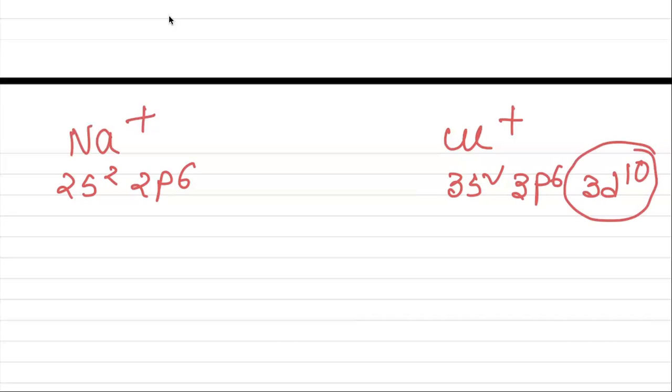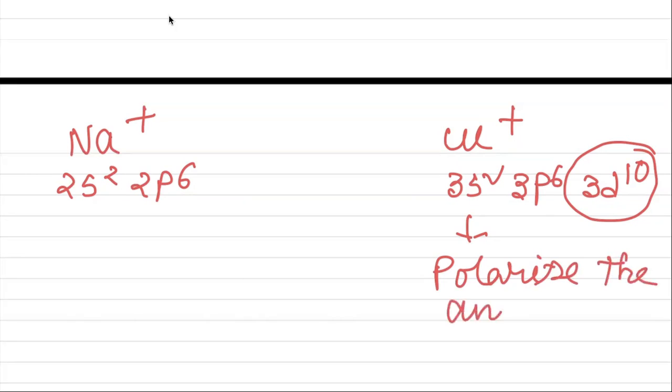As the d electrons cannot shield the nuclear charge properly, the Cu ion polarizes the anion more, and its polarizing power will be much more than that of Na+.